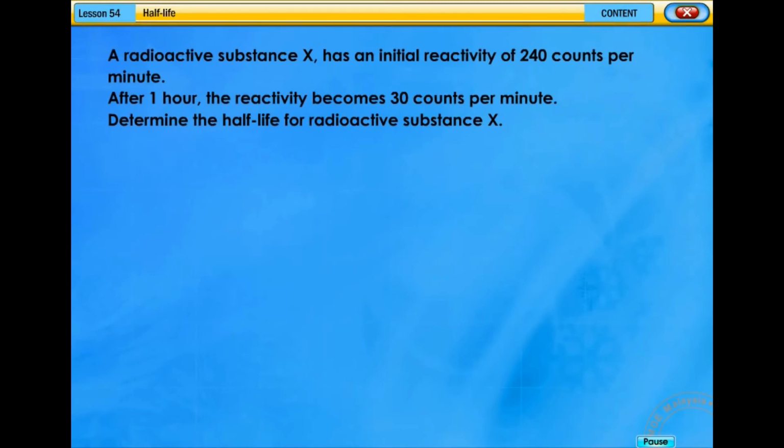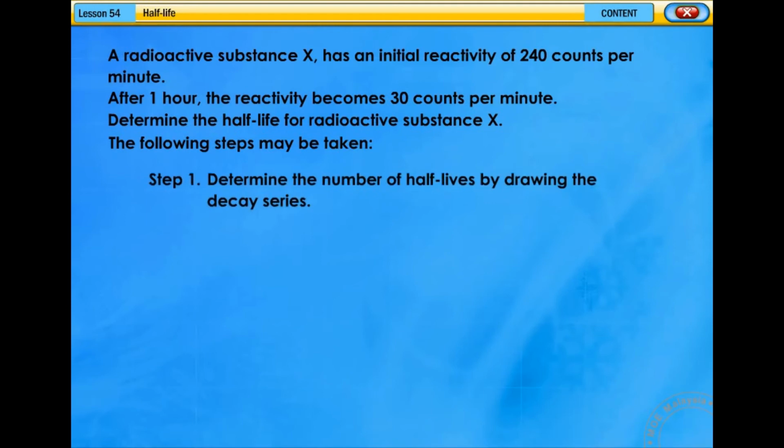A radioactive substance X has an initial reactivity of 240 counts per minute. After 1 hour, the reactivity becomes 30 counts per minute. Determine the half-life for radioactive substance X. The following steps may be taken. Step 1. Determine the number of half-lives by drawing the decay series.